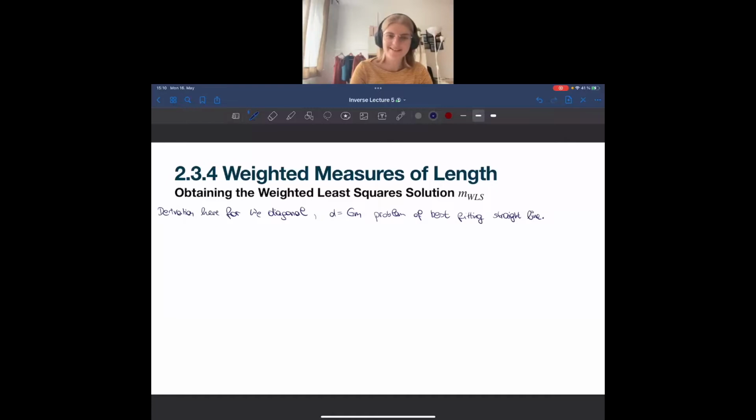Okay, then let's start. We have 4 steps ahead of us. So step number 1, we look at the total misfit a bit more closely. We know already that it's now defined as E transposed omega E times E. And since it's a diagonal matrix, we can write this down as the sum over omega i times ei squared.